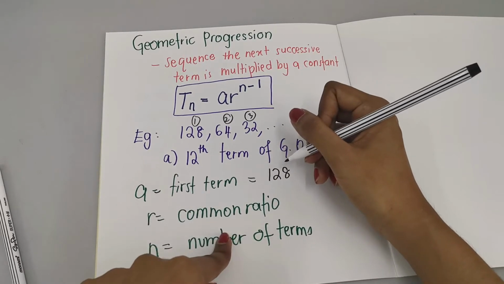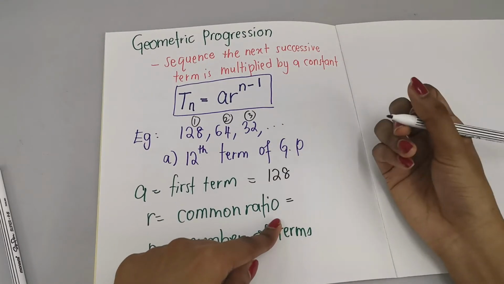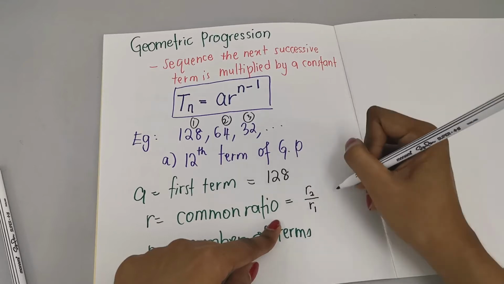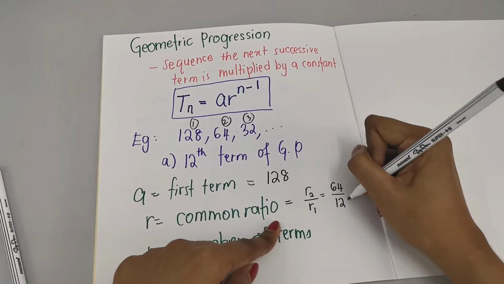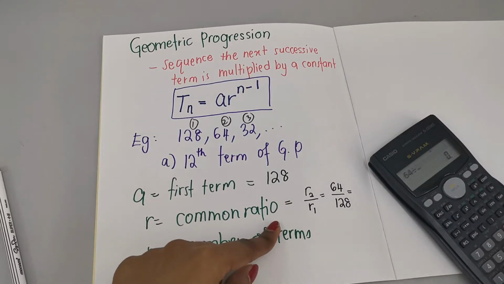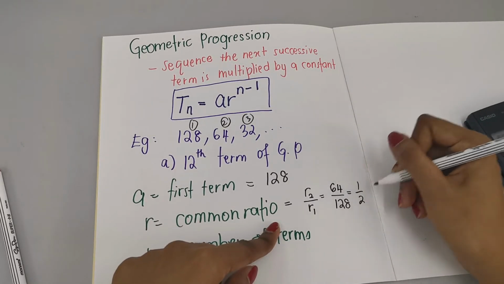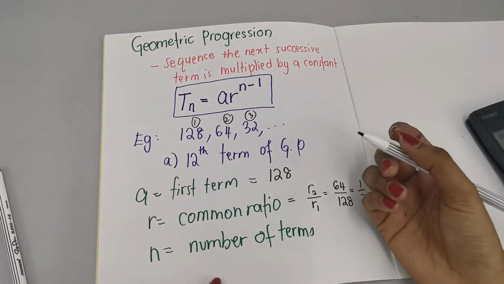What is our common ratio? Now how to find the common ratio? We take the second term divided by the first term, which is 64 divided by 128, and we get 1 over 2. And now we can find our 12th term.